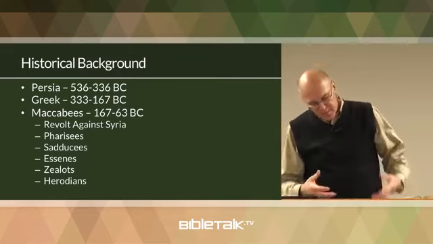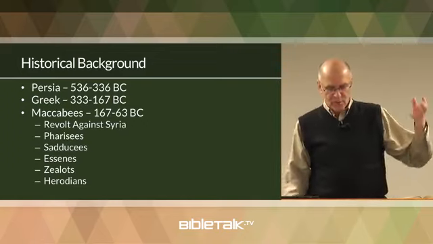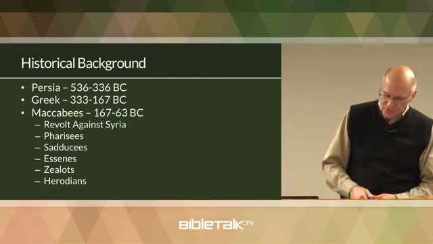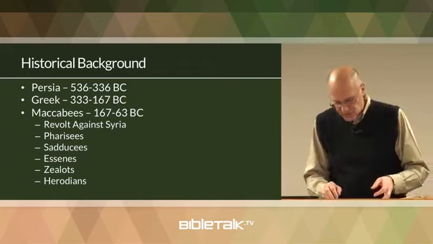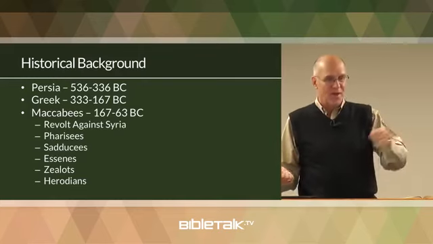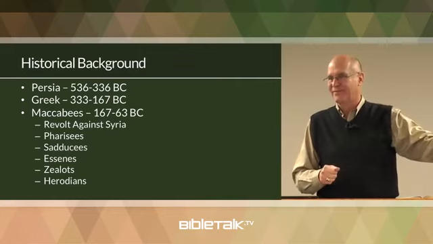That party begins during the Maccabean period. They were scribes who led the revolt and were considered saviors of the law and the protectors of the law against pagan Greek influences.